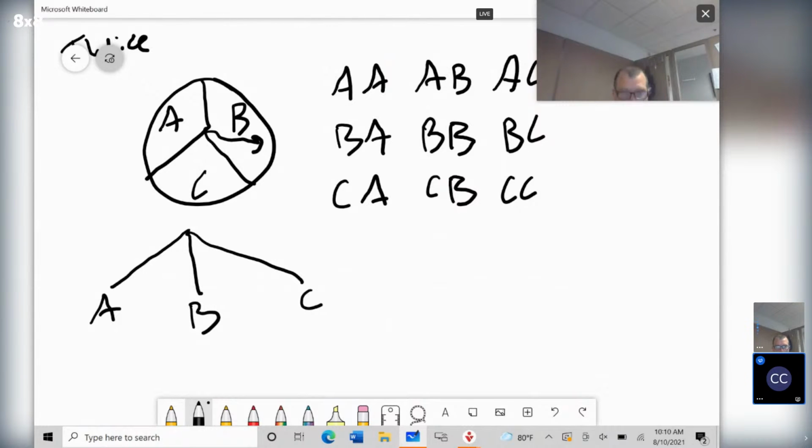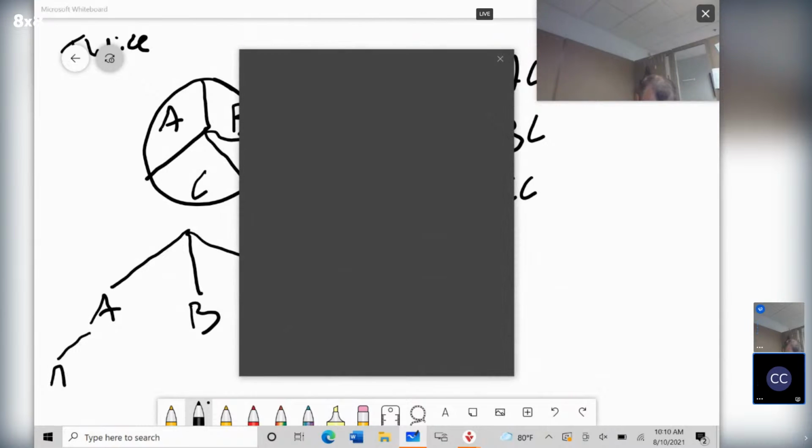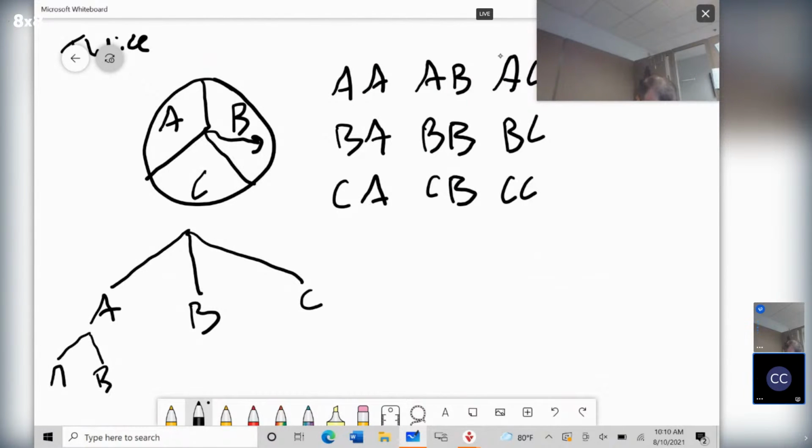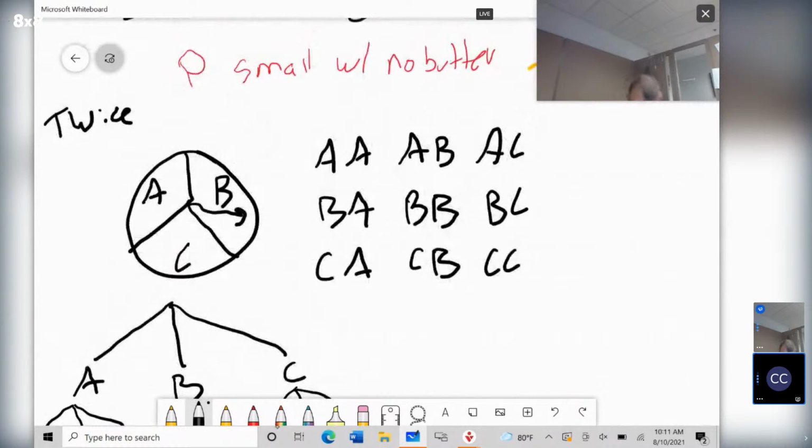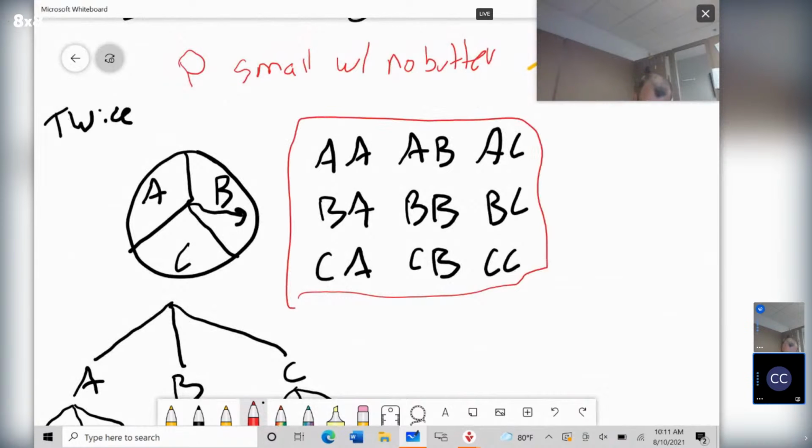Or you can do the tree diagram, so these are your first spin. The first spin, one time it lands on A, one time it lands on B, one time it lands on C. Then the second one, it could be A, could be B, or it could be C. So if you spin it the first time it lands on B, the second time your options are it could be A, B, or C. And similarly, if it lands on C the first time, the second time it could land on A, B, or C. And what I did up here, I just listed all the possible outcomes.